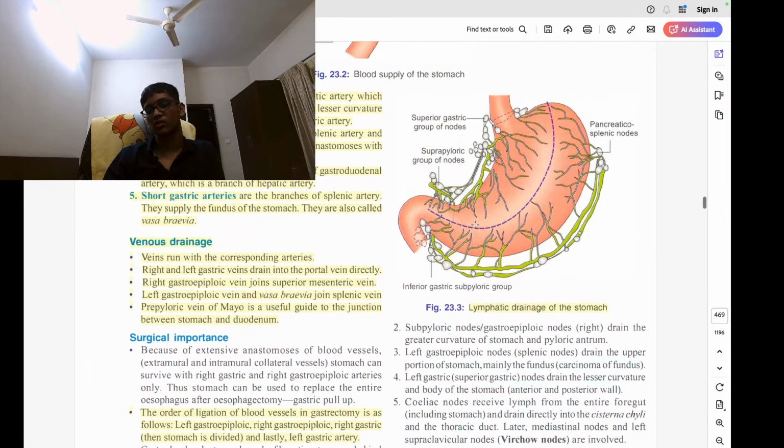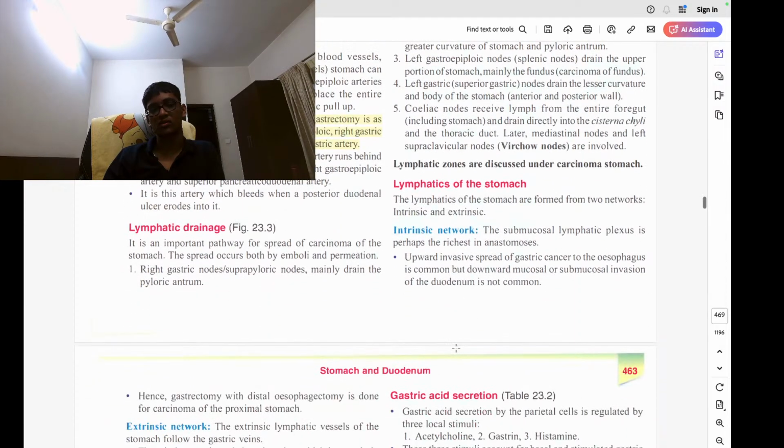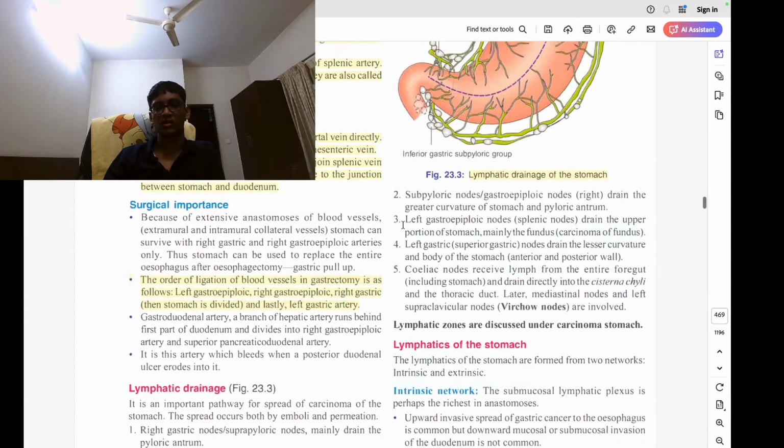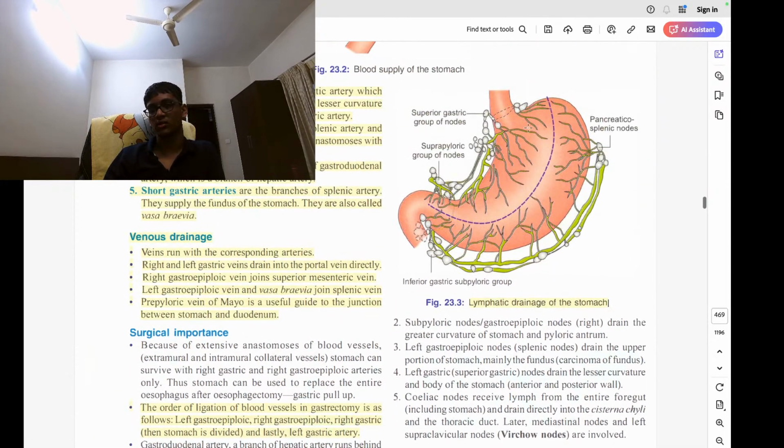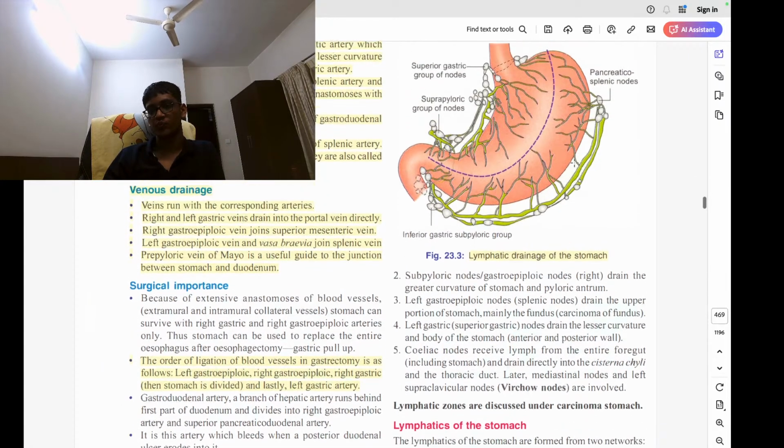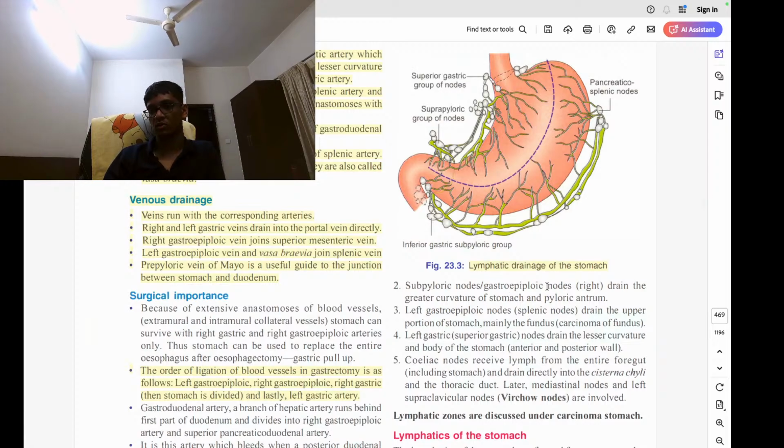So, superior gastric groups. Right gastric or suprapyloric nodes mainly drain the pyloric antrum. This is the antrum. Subpyloric nodes and right gastroepiploic nodes drain the greater curvature of the stomach.